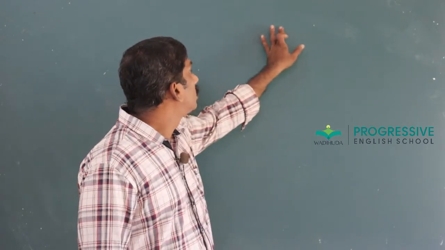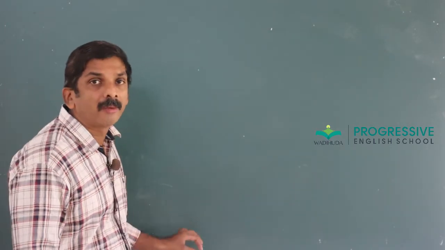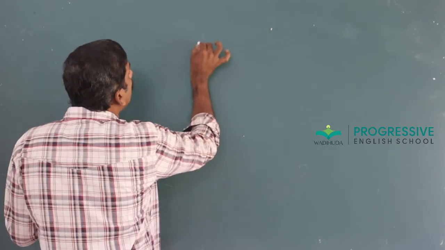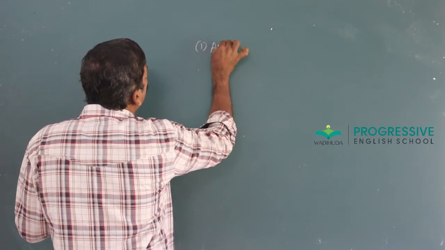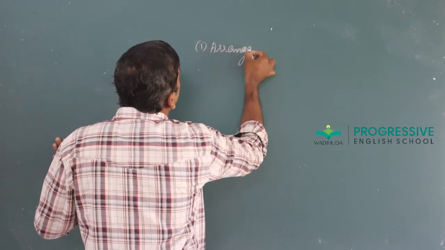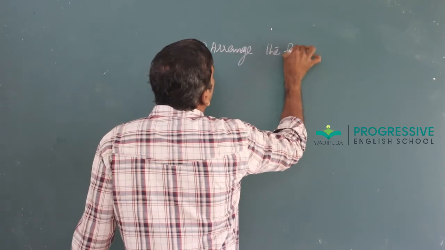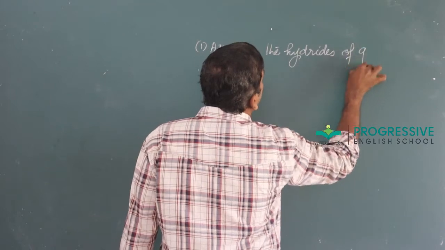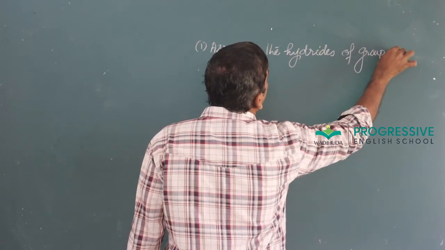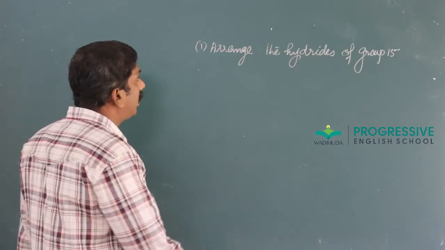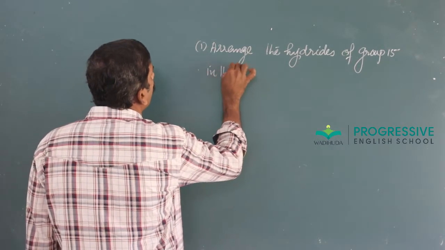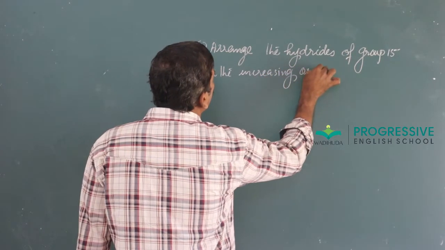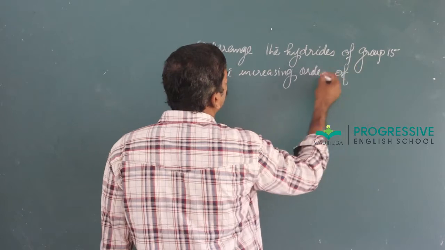Last class we discussed the P block elements, and you please note down the major questions from group 15. We already completed group 15. That is the first one. First question: arrange the hydrides of group 15 in the increasing order of two factors.